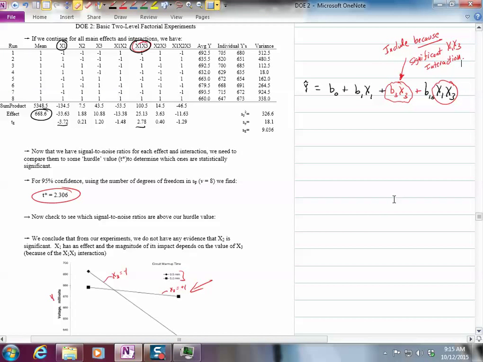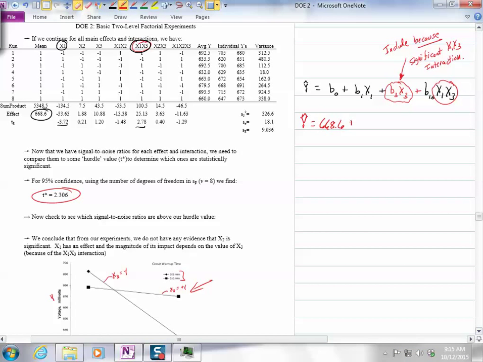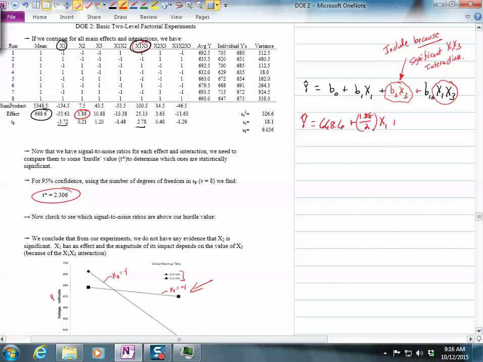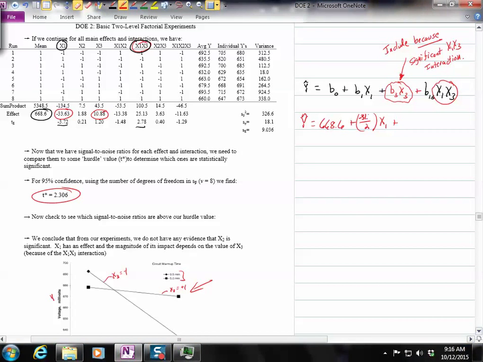Okay, so if that's our model, we would say we have 668.6 as our mean. B1 is the effect divided by 2. B3, sorry, B1 is this one, minus 31.63.